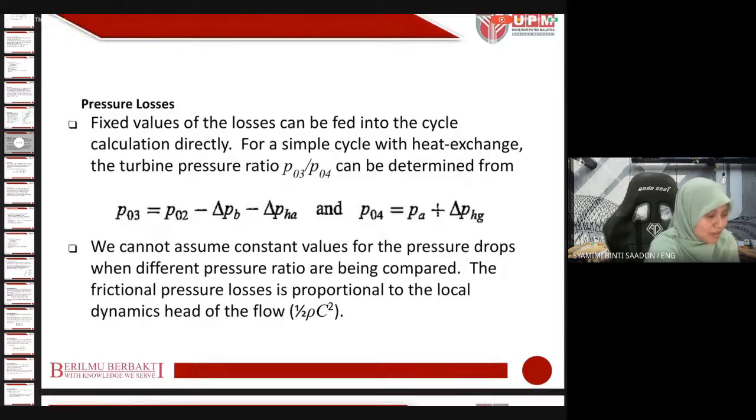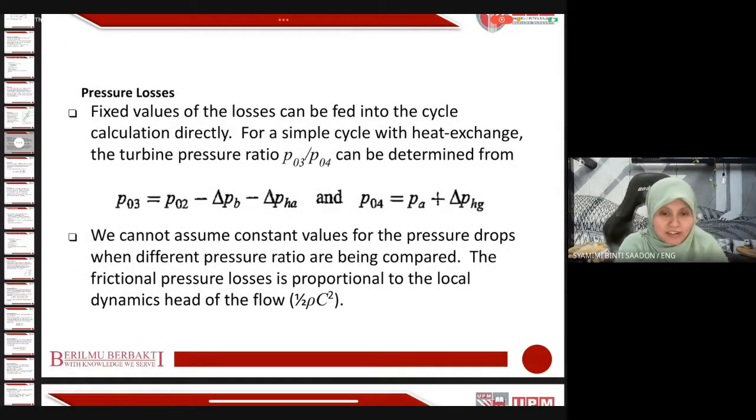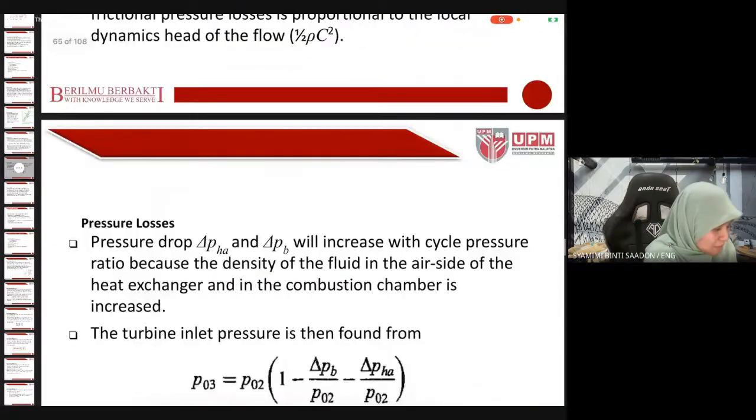So we have this calculation to calculate the new values of pressure at the inlet and outlet of the turbine, PO3 and PO4.